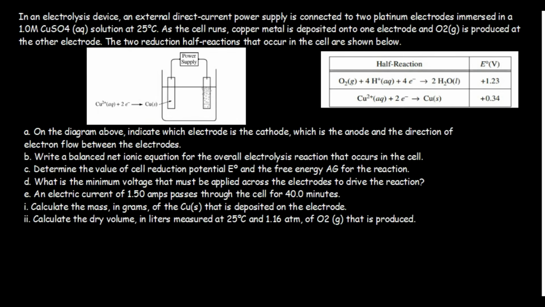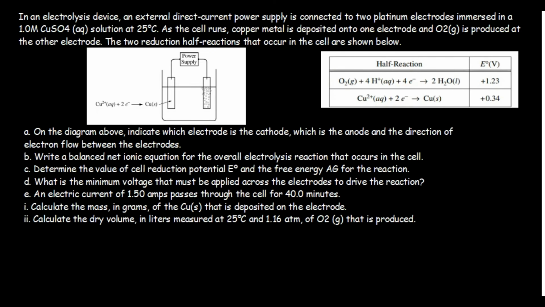As the cell runs, copper metal is deposited onto one electrode. So that electrode, of course, we call it the cathode, and oxygen is produced at the other electrode. The two reduction reactions that occur in the cell are shown below. So these are the half reactions. Now, if you try to observe them, they are all written in the form of what? Reduction.